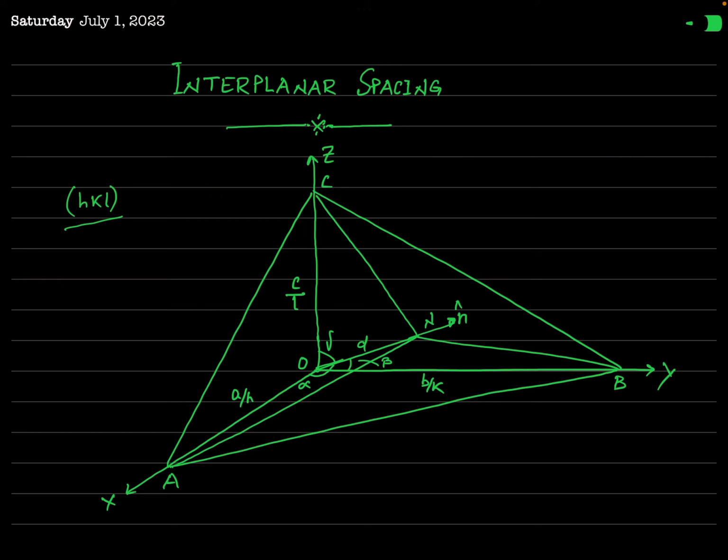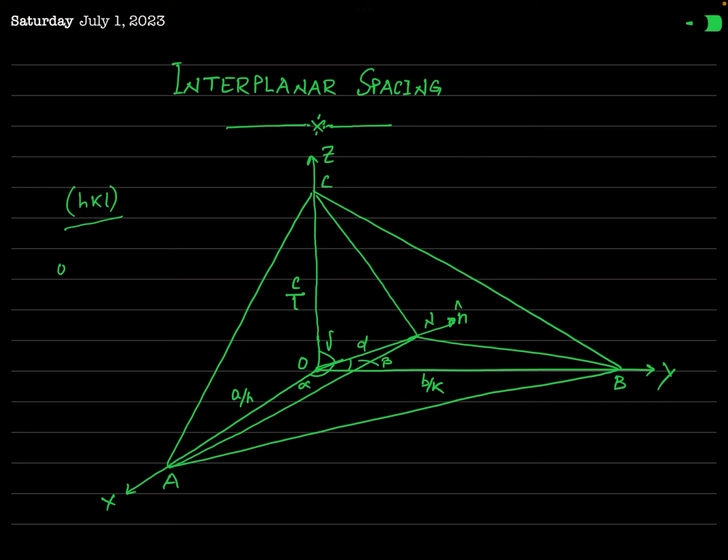This second plane, which is parallel to the previous one, intersects the crystallographic axes at points A, B and C. And what are the intercepts of this plane on the crystallographic axes? You can see the figure.